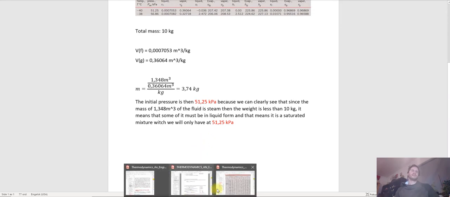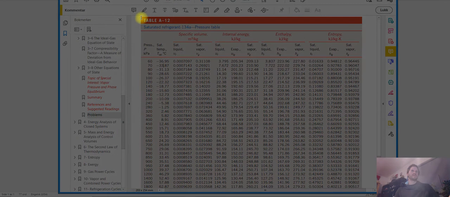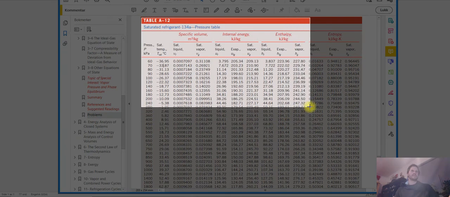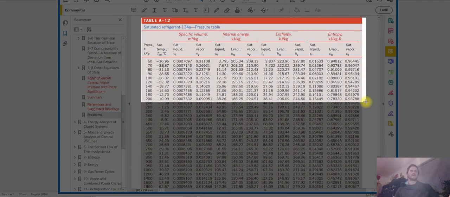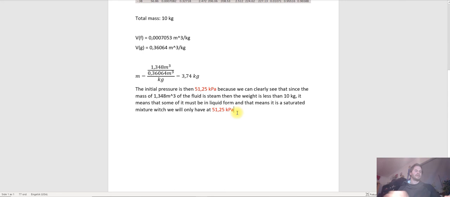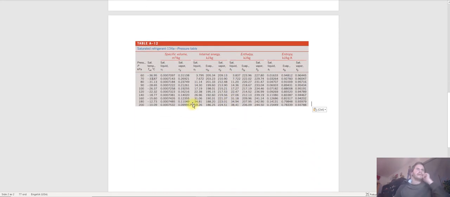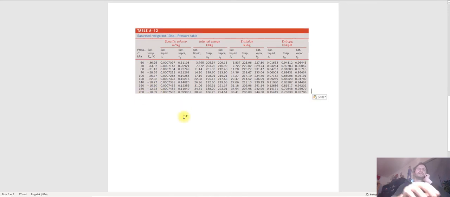Let's see. We have the saturated table, 200 kilopascal. Let's see how that looks. Okay, at 200 kilopascal, if it is saturated, it is negative 10 degrees Celsius.